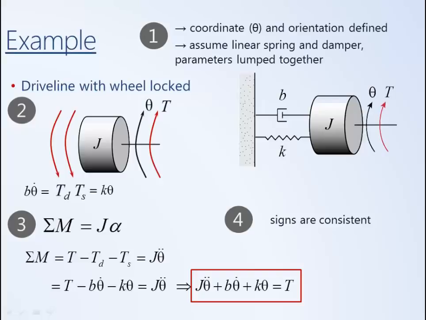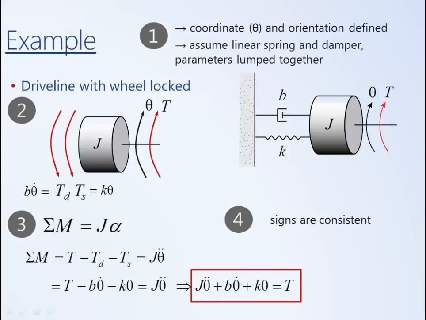Just real quickly before we move on, if we look at the purpose of modeling a drive line, it can be especially important when we're dealing with electric vehicles. The reason is that with an electric vehicle, oftentimes we don't necessarily need a transmission, and oftentimes we don't need a clutch.